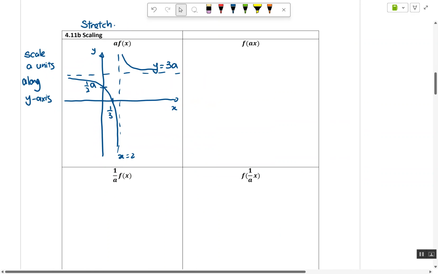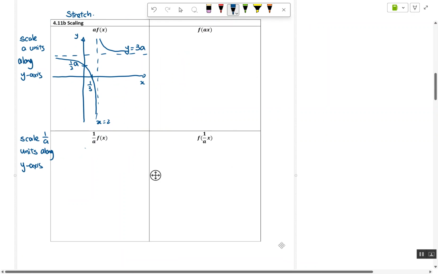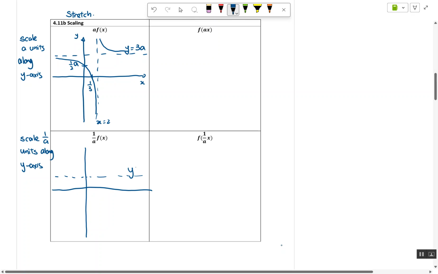Okay, but if you do 1 over a, this will become a smaller graph. If you scale 1 over a units along the y-axis, the whole graph will actually become smaller because the asymptote from y equals 3 now becomes y equals 3 over a.